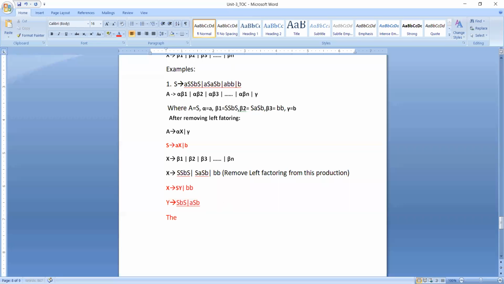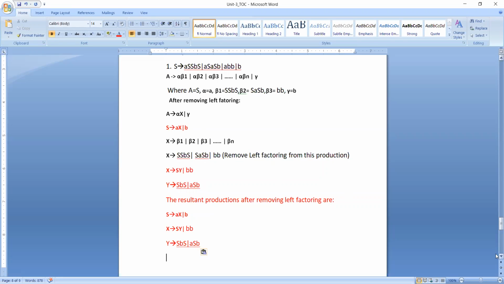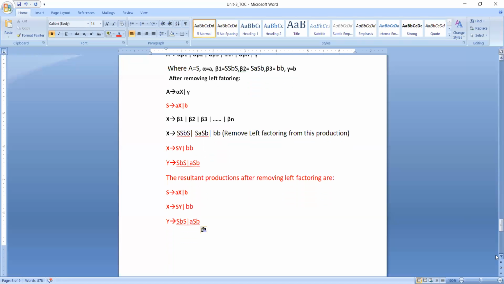So the resultant productions after removing left factoring are these: S derives to this one, and X and Y are like this. Understood? So this is how we are going to remove the left factoring present in the grammar.